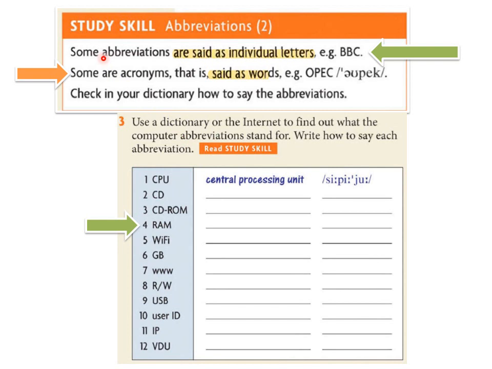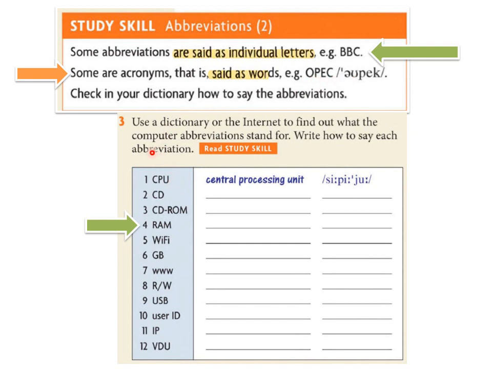It is important to know that some abbreviations are said as individual letters, such as PPC, while other abbreviations are acronyms that are said as a word, such as OPIC.